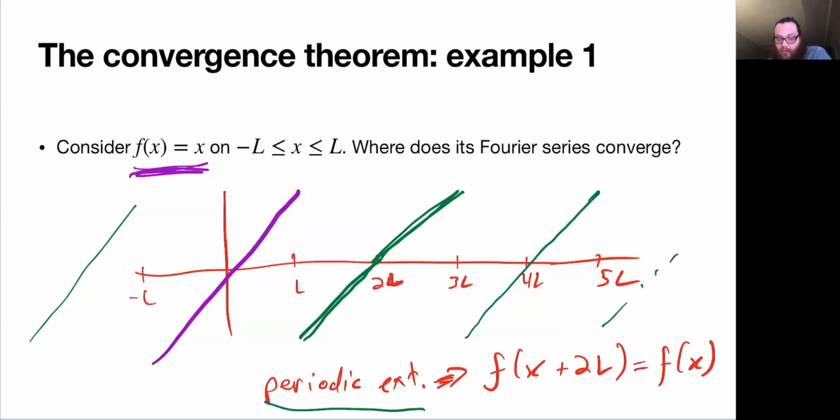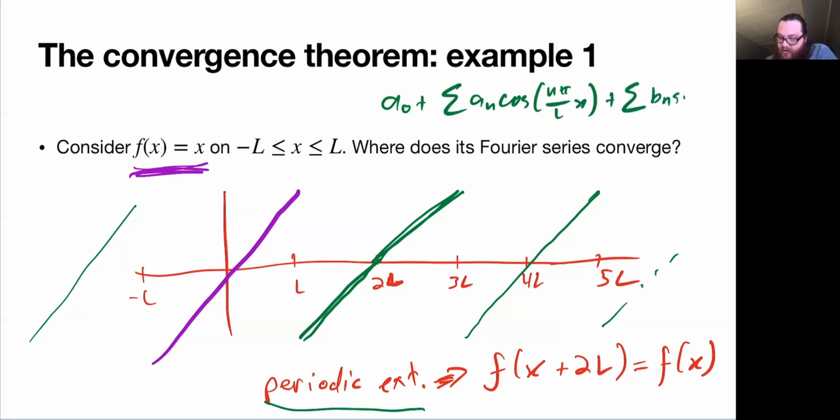What we have here, these lines, are all the sketches of a0 plus the sum of a sub n cosine n pi over L x plus the sum of b sub n sine of n pi over L x. So what we're drawing here is exactly this infinite series.